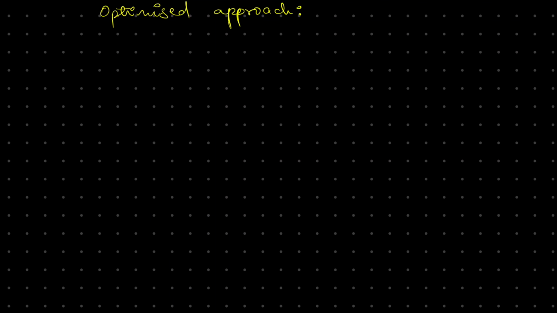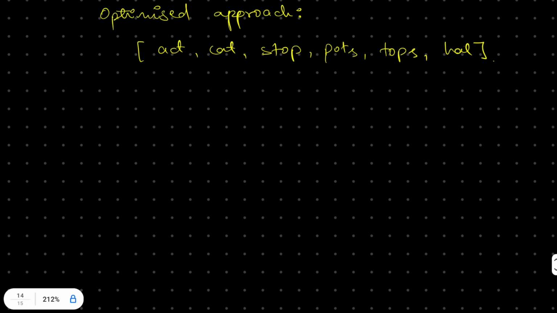Let's think about something optimized. For example, we had our example: cat, stop, pods, tops, and hat.